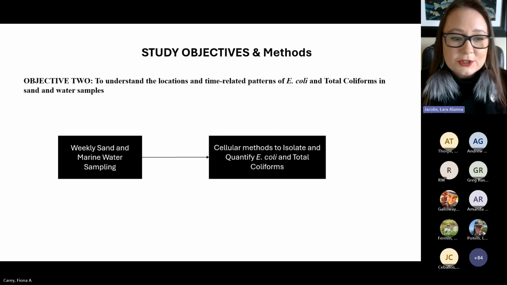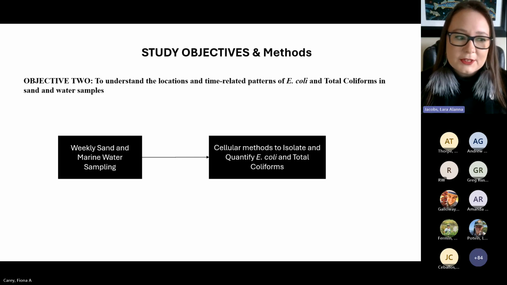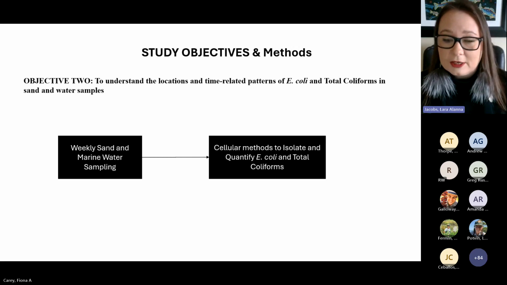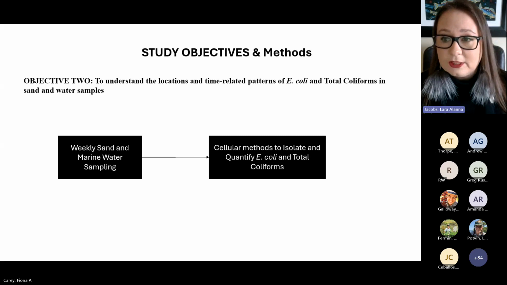Our second objective was to understand the locations and the time-related or the temporal patterns of E. coli and total coliforms in sand and water samples. So we're looking more at like the ecological impacts of what's happening down at the bacterial levels. So we went in for multiple months and we did weekly sand sampling and marine water sampling on both beaches.